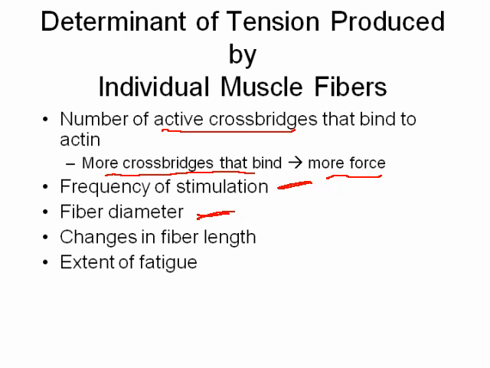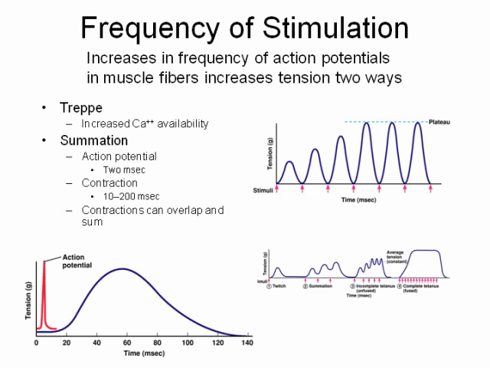A bigger muscle generates more tension than a smaller muscle, so the muscle fibers behave the same way. How the muscle fiber changes in length, we're going to talk about that in a little bit of detail. It turns out that you don't want a muscle too contracted or too stretched. If you exceed what's called an optimal length, it's going to alter the amount of tension you can develop. And then the extent of fatigue. Fatigue is a fairly complex phenomenon in terms of the sources for it. We'll be talking about those in a few slides.